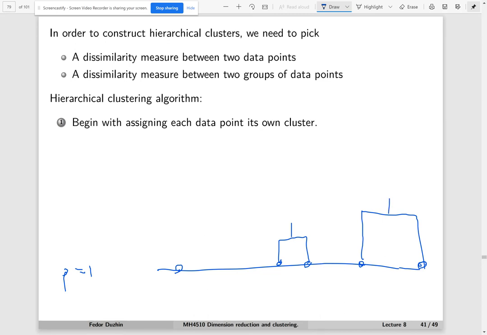So now I have 3 clusters, and the first of them still has just 1 data point. Again I see how dissimilar every pair of clusters is, and I merge the pair that is least dissimilar. It's probably this one. And in the last step, I merge the remaining 2 clusters until I only get 1 cluster.